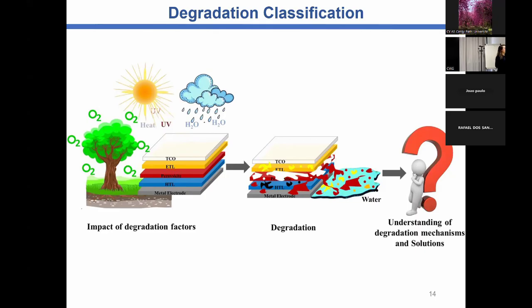But if you think about applications, you have different regions of the world with different solar spectrum, different humidity, and also, for instance, if you apply your material near the beach, you have more salinity, because of the sea.